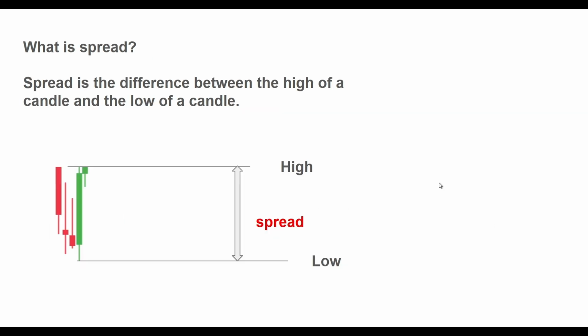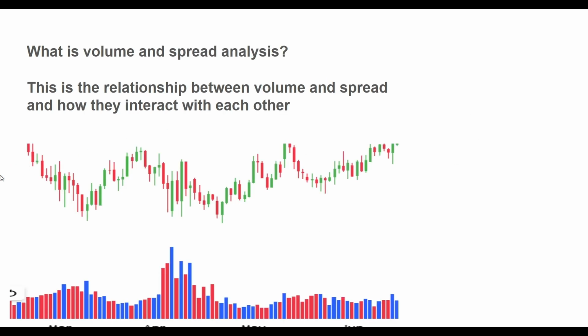Before we talk about volume, we have to know what a spread is. Spread is the difference between the high of the candle and the low of the candle. So that is what we call a spread.